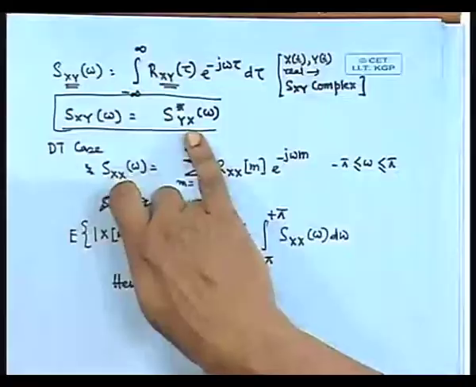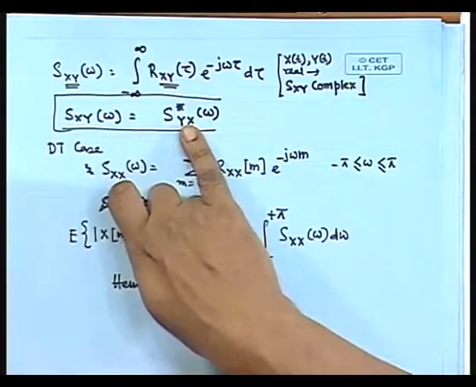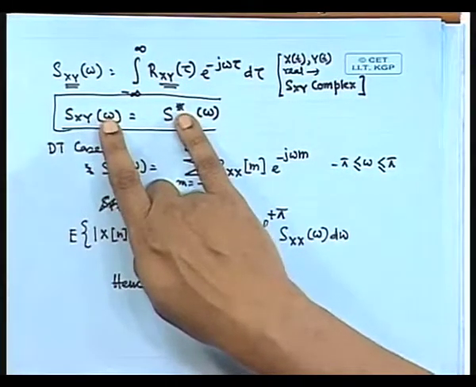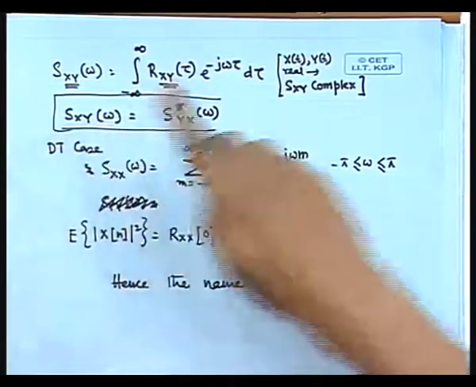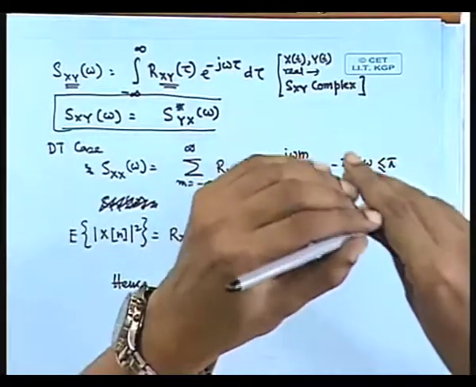If you do xy, you have to convolve with h of minus m. So because of that minus m here you will get a complex conjugate quantity. Just you can try writing these. I mean, writing everything is time consuming, but simply writing the integral will give you that this will become a complex conjugate quantity of this.